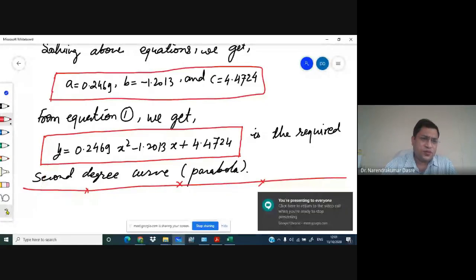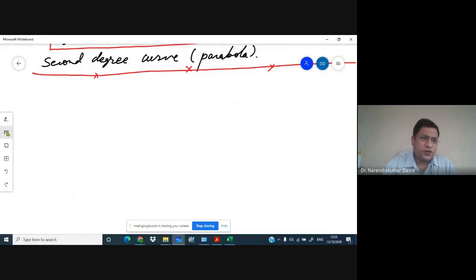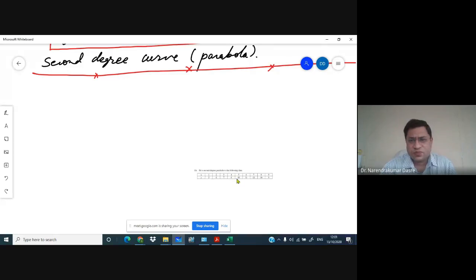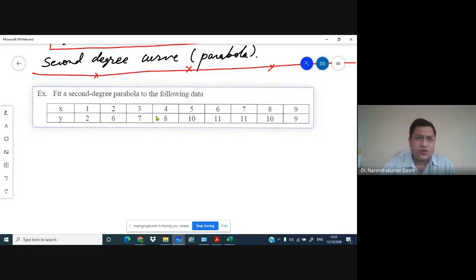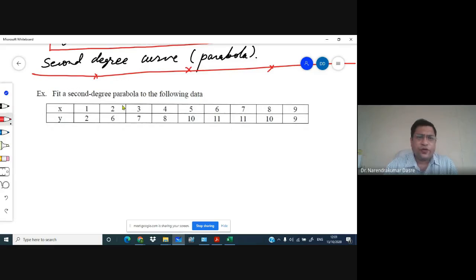Okay. So let us try one more problem based on this. Let's have another problem. So we have the data now, and we have to fit a second degree parabola to the following data.